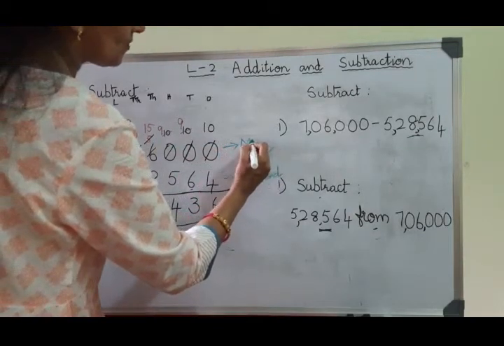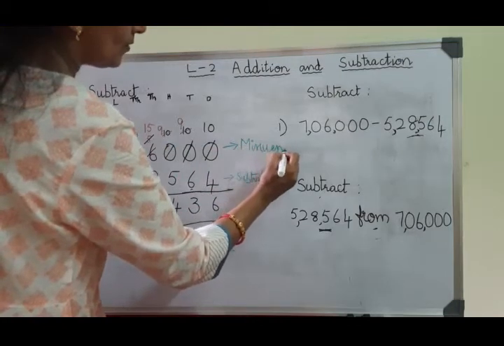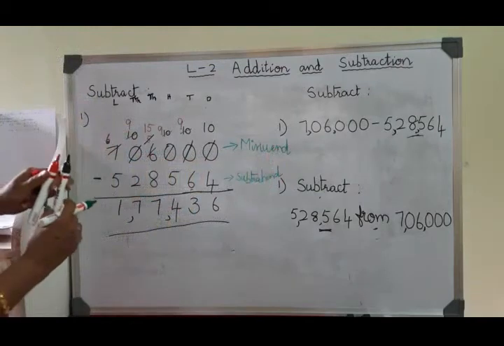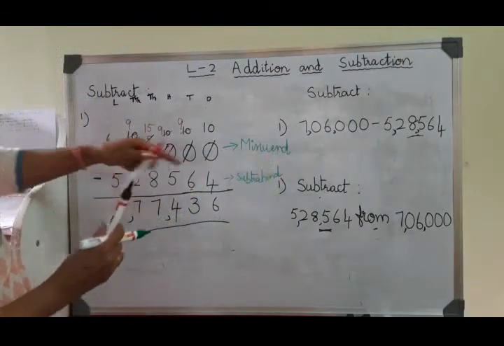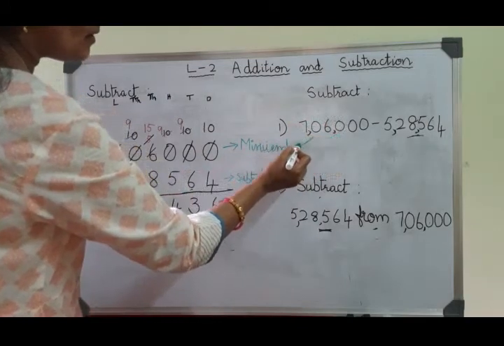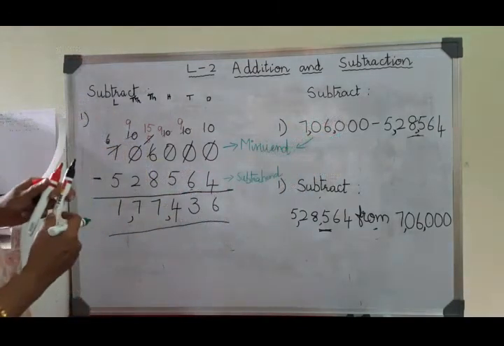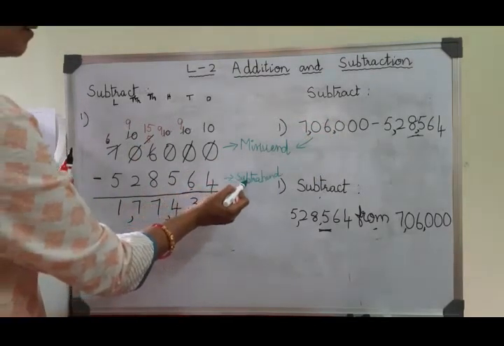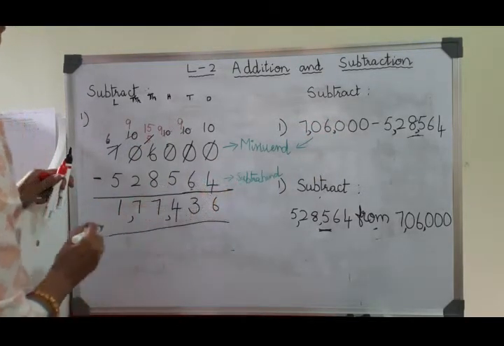You should know these words. The number from which we subtract is known as the minuend. Here, when the sum is written this way, the minuend is 7,06,000. The subtrahend is the number which will be subtracted.